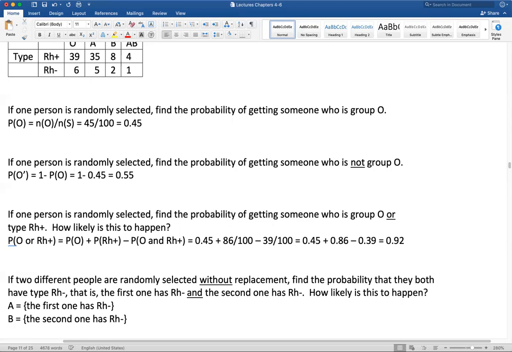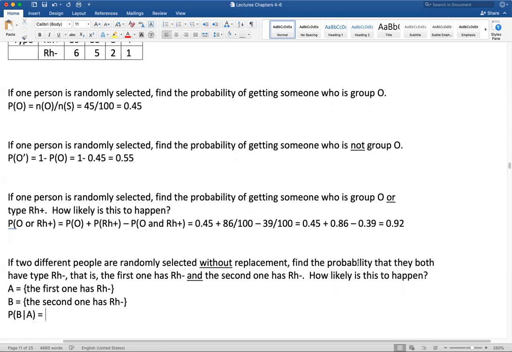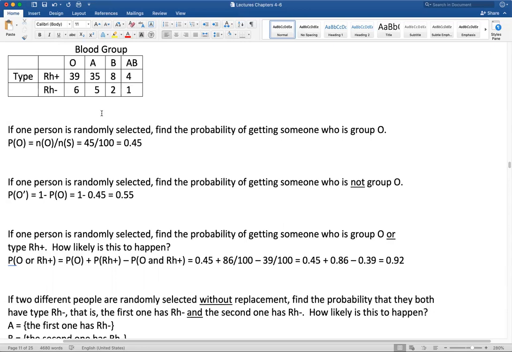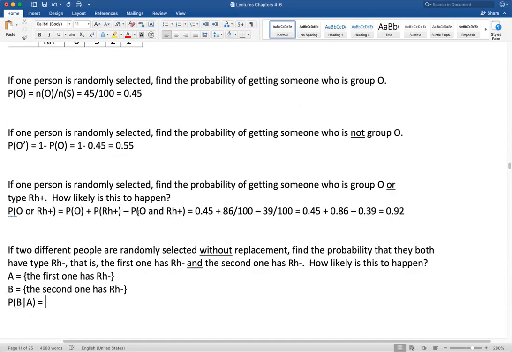Then P(B given A) is equal to, right? In the first try, we have to find the probability that we got Rh minus, which is how many people have Rh minus? Excuse me, 14, right? So 14 over 100 times.